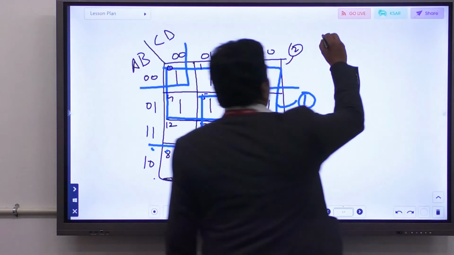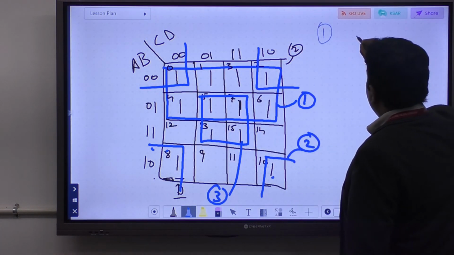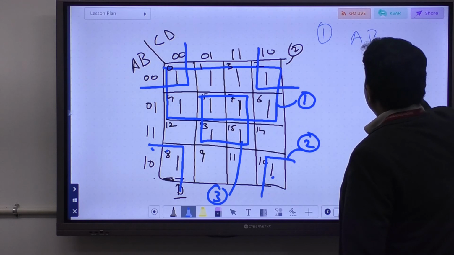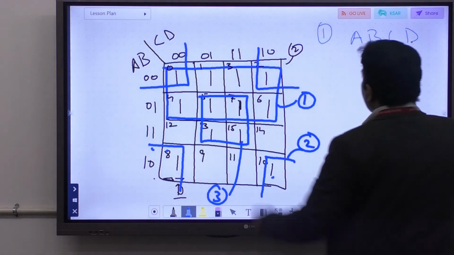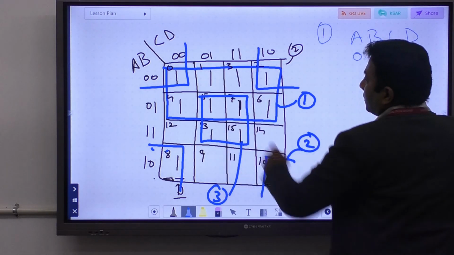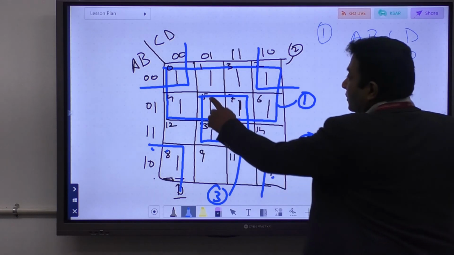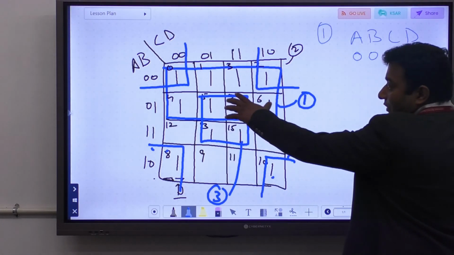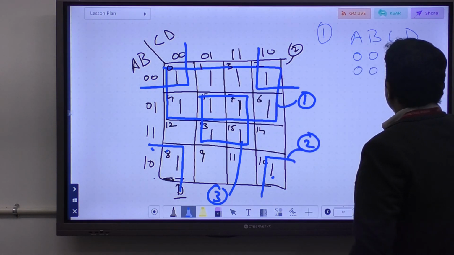For group number 1, we let all the variables be there, A, B, C and D. For this particular minterm, we would be writing 0, 0, 0, 0. Again, because we have to include all the members of the group, and there are 8 members in this octet, we would be writing 0, 0, 0, 1.